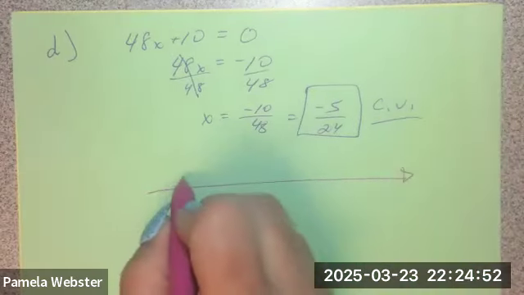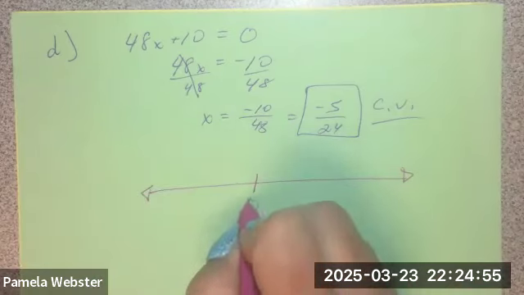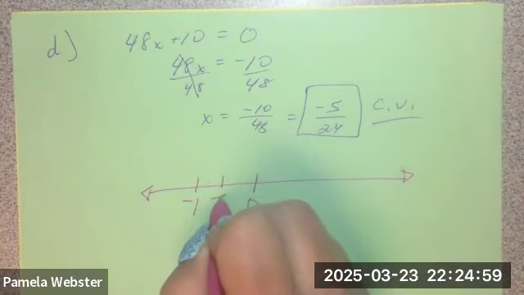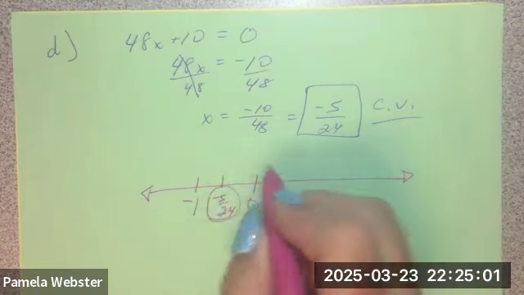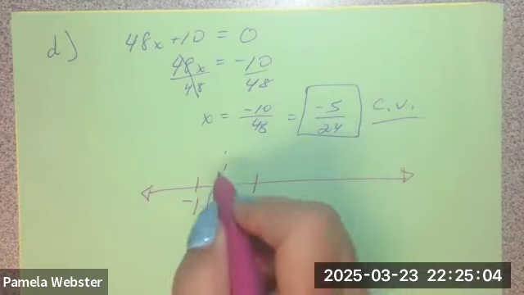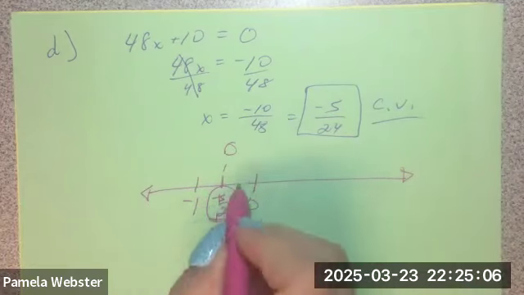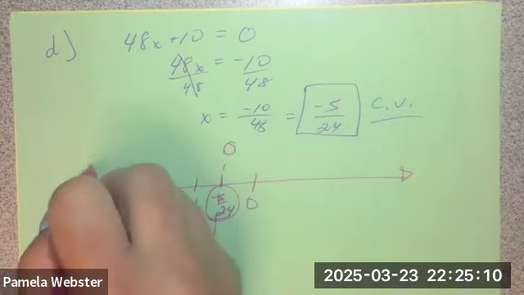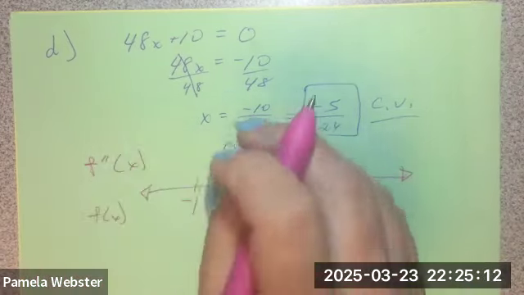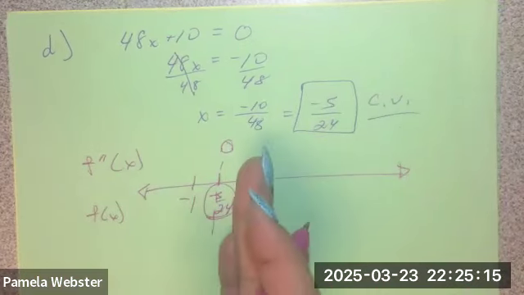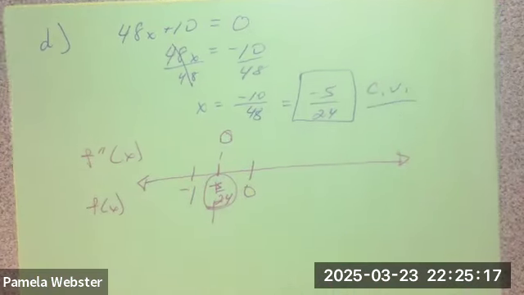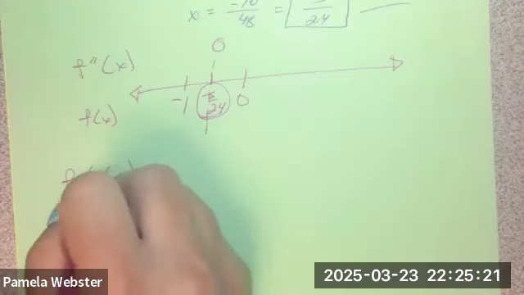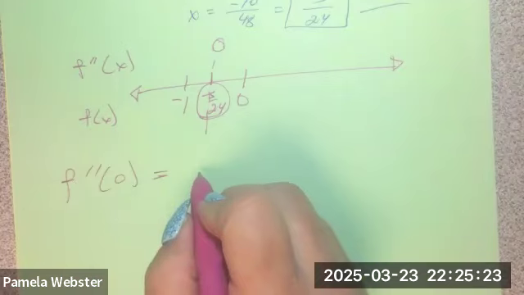Here's my number line. The next step was, use your sign table, right? I only have one critical value here. It's negative 5/24. That's where it was 0 in the second derivative. I forced it to be 0. I only have one critical value, but I need 2 test points. So I'm going to check f double prime of 0.